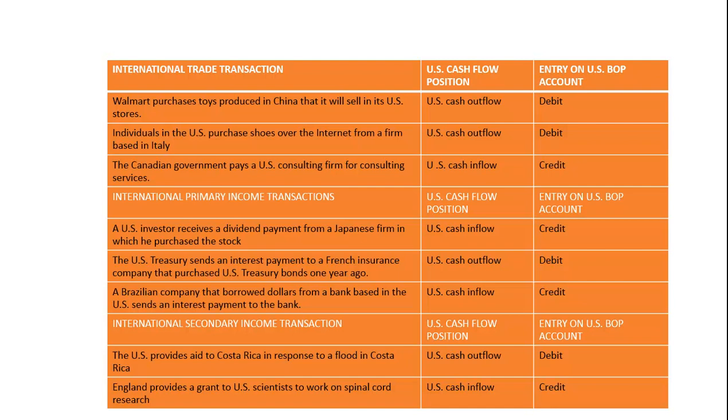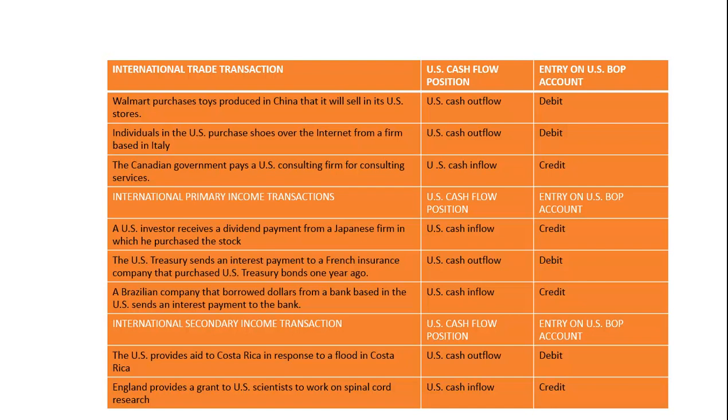In terms of primary income transactions, if a U.S. investor receives a dividend payment from a Japanese firm in which he purchased the stock, that's a U.S. cash inflow, and that represents a credit.